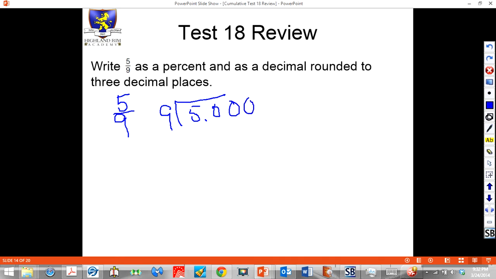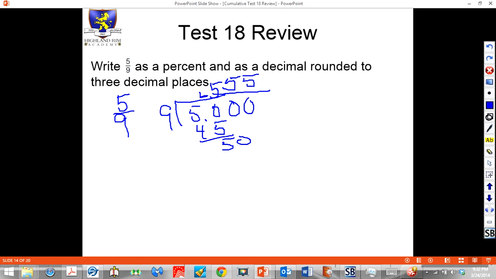We're going 3 places here, and we end up with 0.5 and 5s repeating, so the last digit is going to be rounded up.